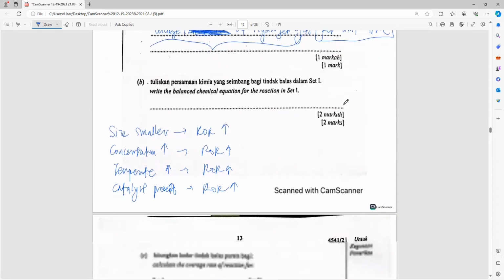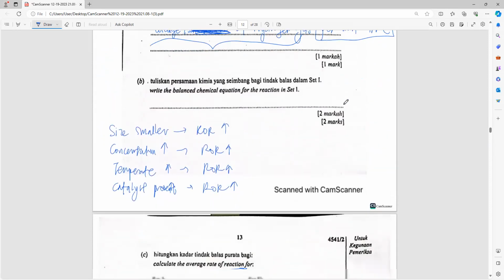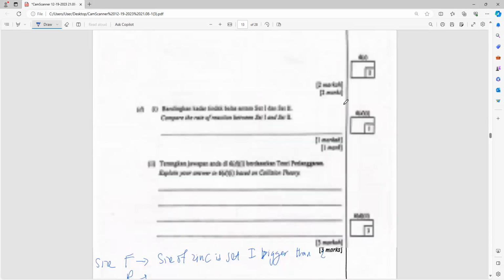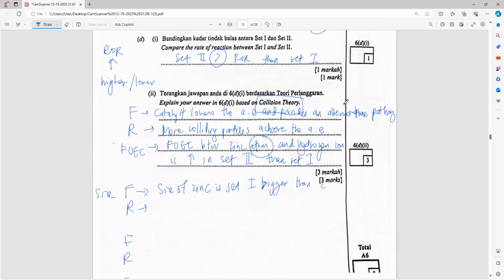All right. So to go on here again, I wanted to ask you, what are the factors? When the size of zinc is smaller, then what happens? What's my reasoning for the size factor?